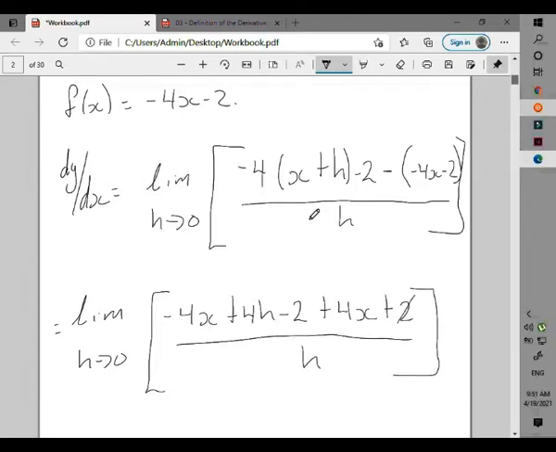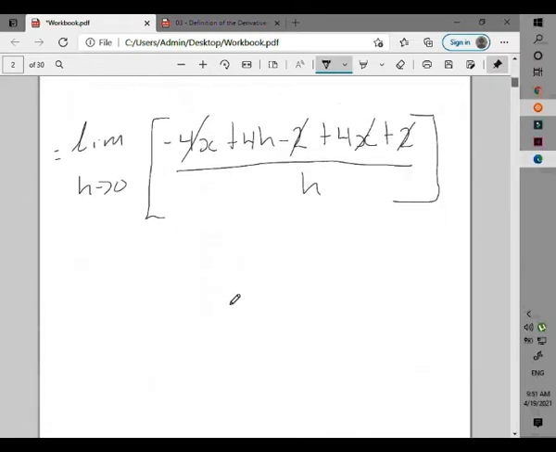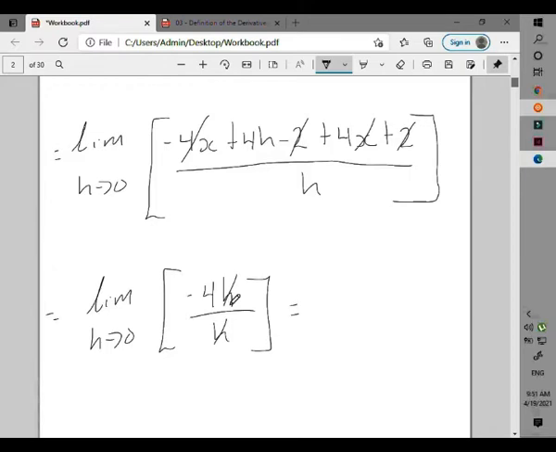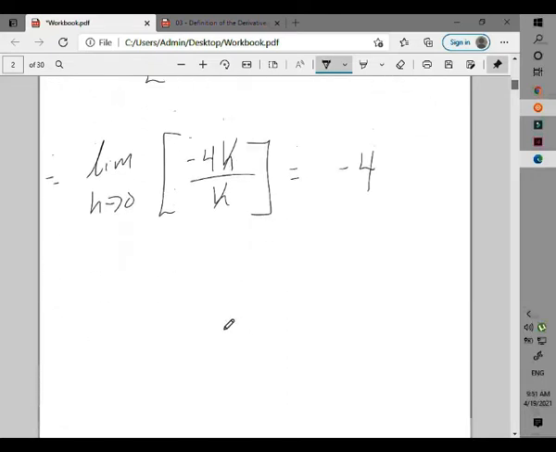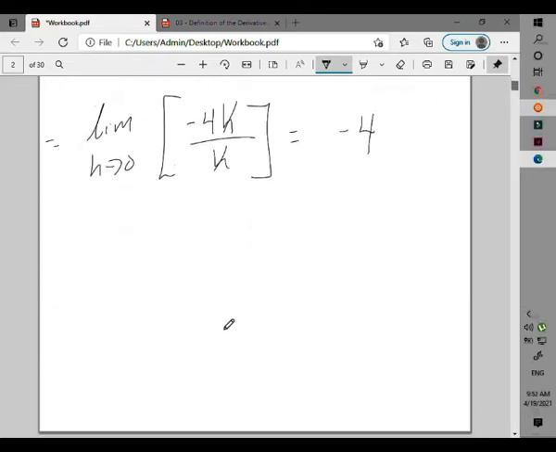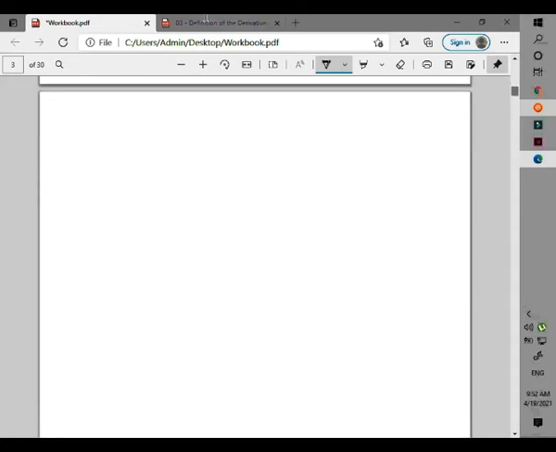So, cancel out the 2's, and we get rid of the 4x's. Alright, so this is the limit as h approaches 0 of minus 4h being divided by h, which is going to equal minus 4. So dy upon dx is equal to minus 4. And this is number 2.